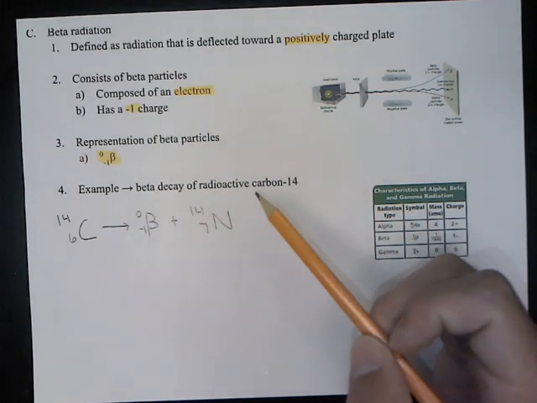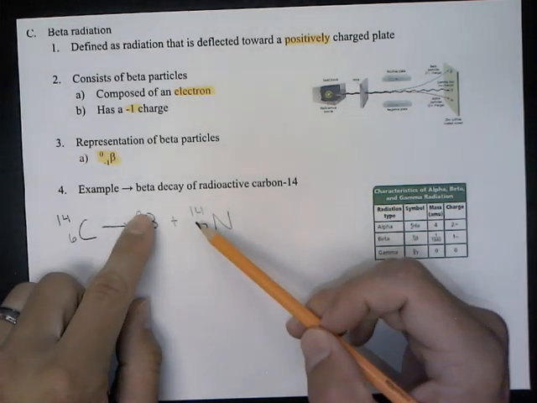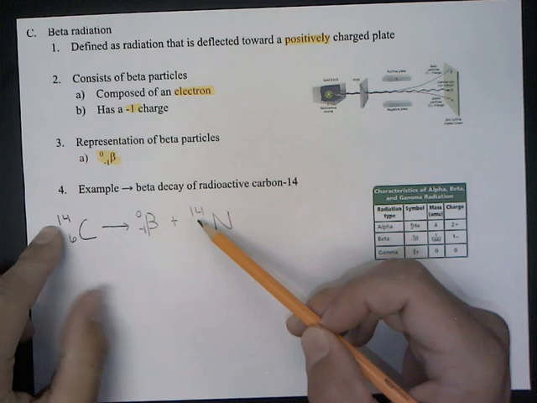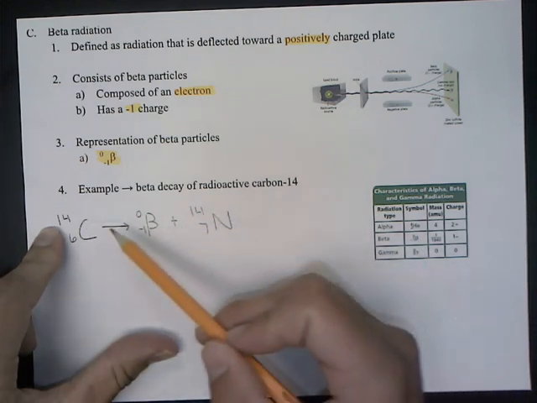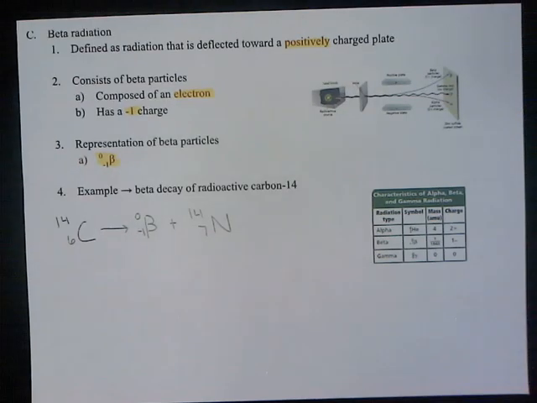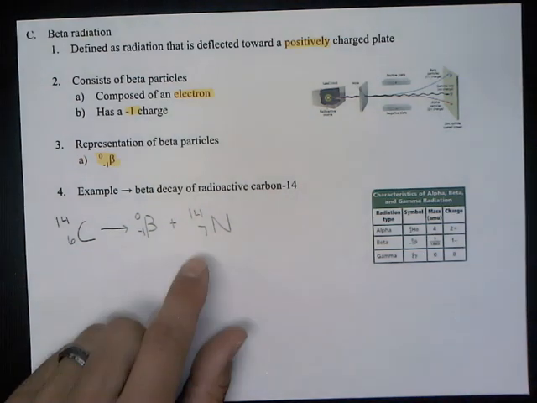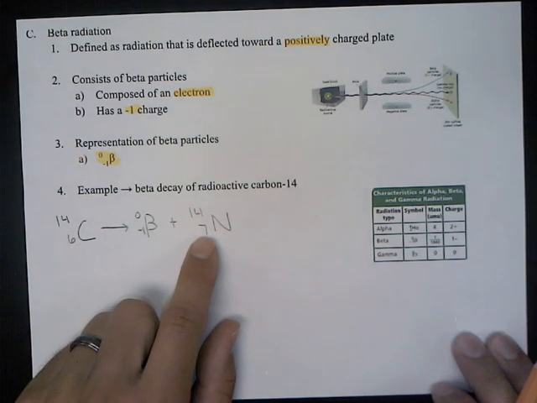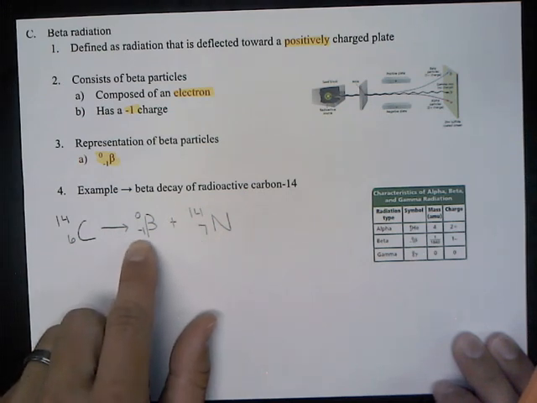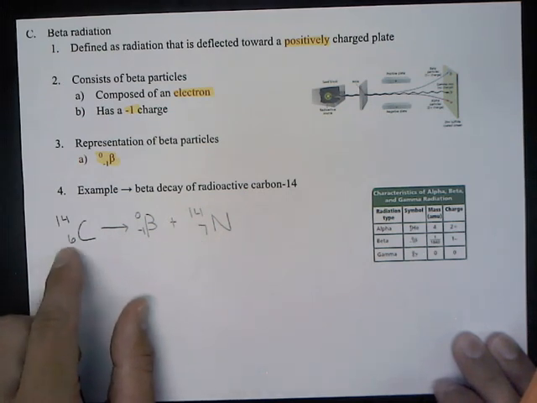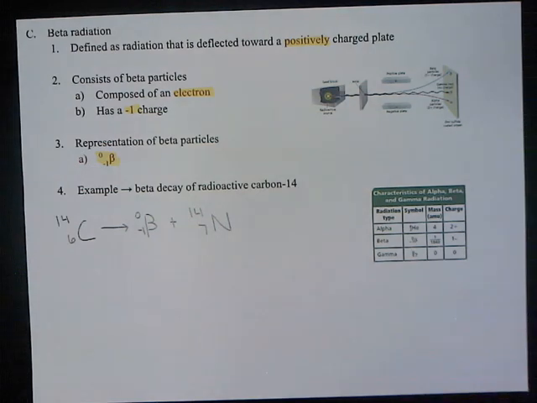Now I want to point out one more thing. 14 plus 0 is equal to 14. So on both sides of the equation, 14 is our mass number, and we have shown that we conserve mass. Then we notice here 7 plus a -1 is 6, which is equal to the atomic number, or number of protons, on our left-hand side.